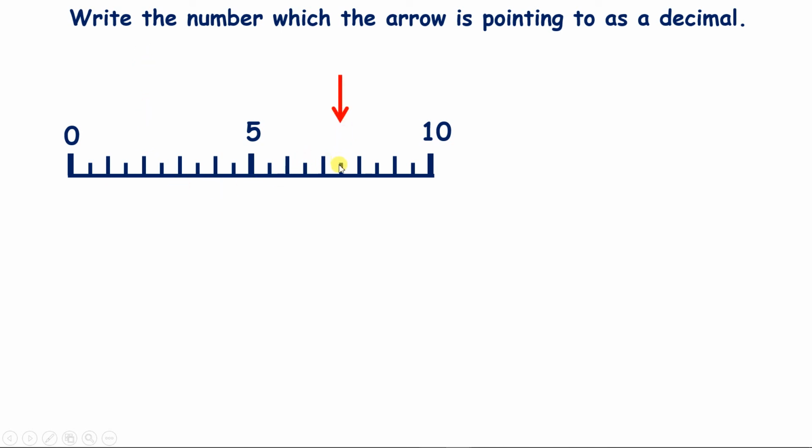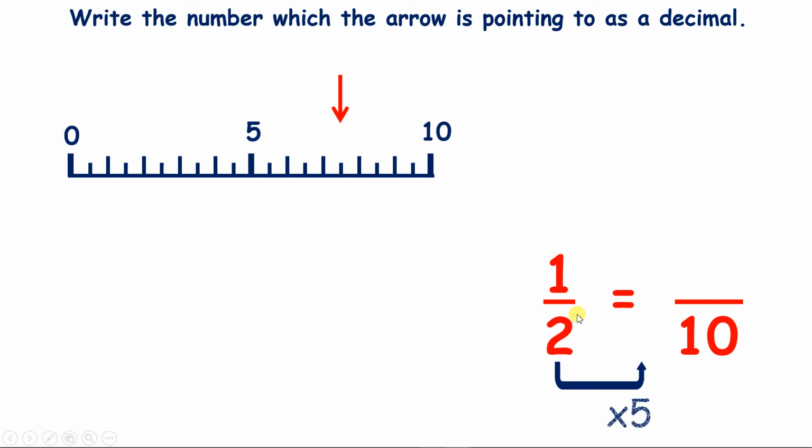Now here it gets more difficult because we have 5, 6, 7, but it's pointing halfway between 7 and 8. So it's pointing to 7.5. But we can write a half as a decimal because we can convert a half into tenths. A half is the same as 5/10.